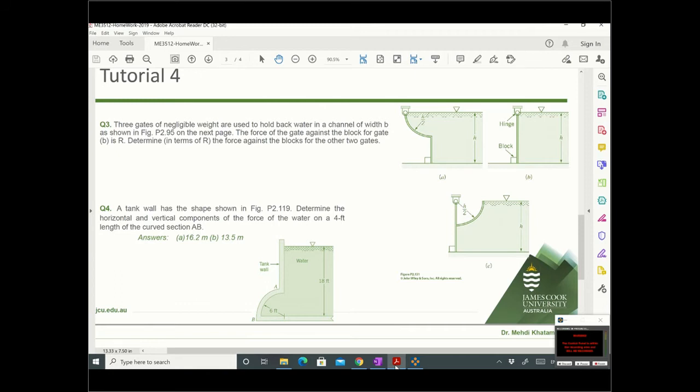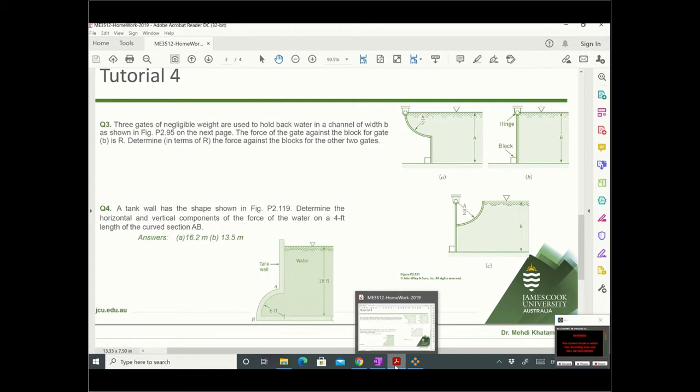So start with B, because it says the force against this block is R for the B case. So you can calculate R first and then go for A and C. The original case is B. We have a block in front of the gate that stops the gate from opening because of the water pressure from the right side.